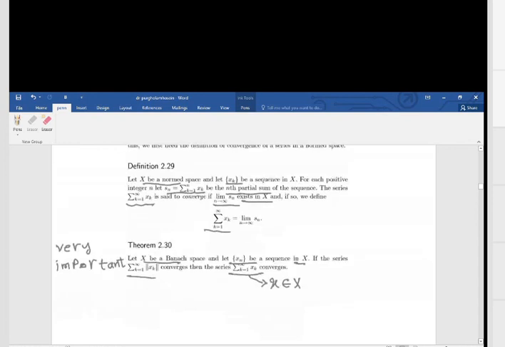Now we have this theorem: let X be a Banach space and x_n be a sequence in X. If the series of the norms of x_k converges, then the series of x_k converges also. If the series of norms converges, we say that the series of x_k converges absolutely.